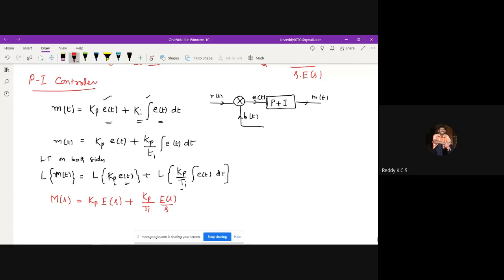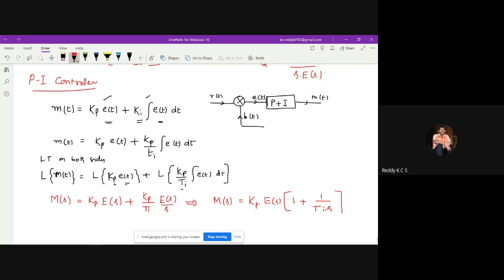By using this equation, I can write m of s, taking Kp and E of s out as common. So I'll get Kp and E of s times 1 plus 1 by Ti into s.